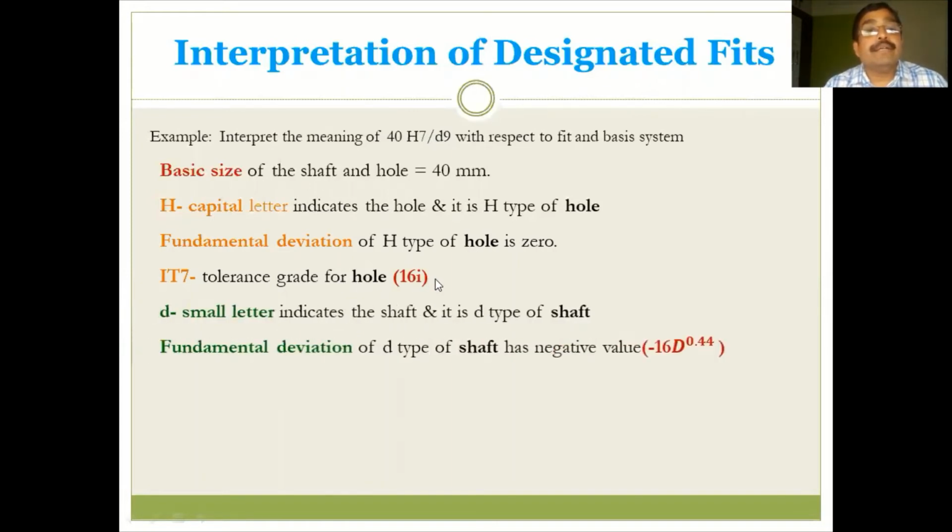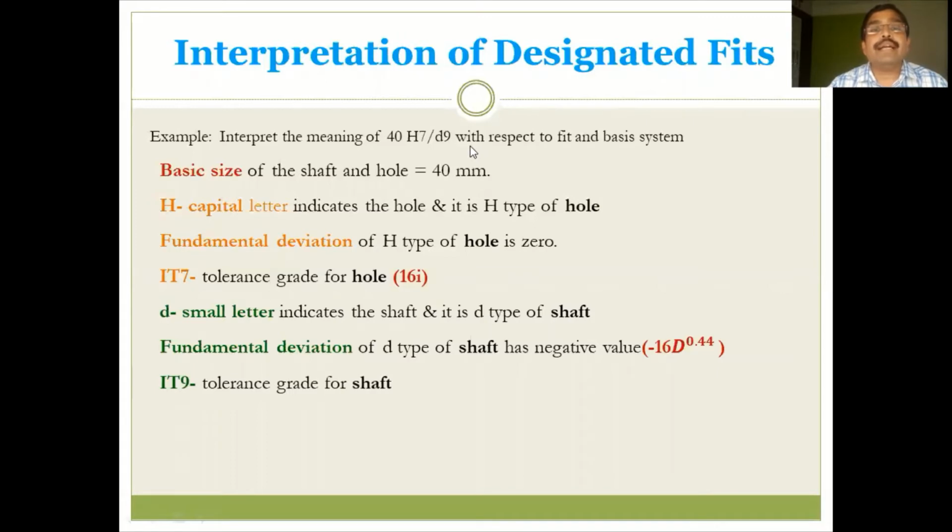Then d is a small letter, which indicates the shaft, and it is a d type of shaft, whose fundamental deviation is given as -16 D raised to the power 0.44. From where am I getting this value? Actually, there is a standard table, and in the standard table, the fundamental deviation values are given for all the shafts. Then IT9.